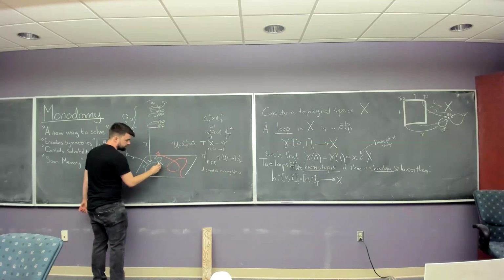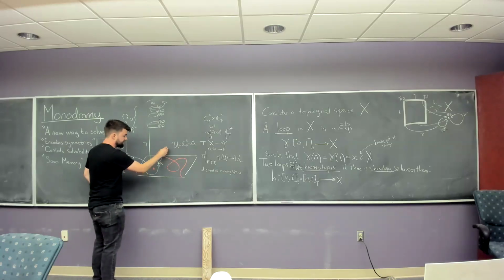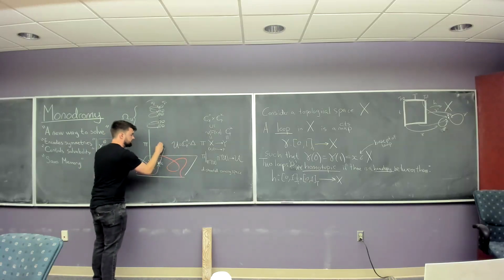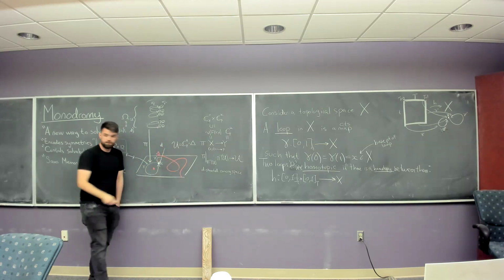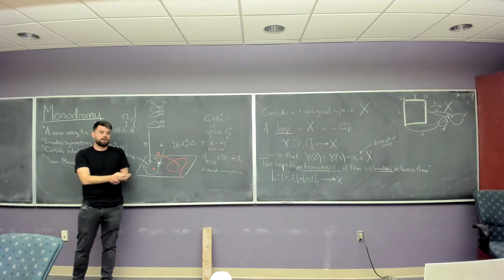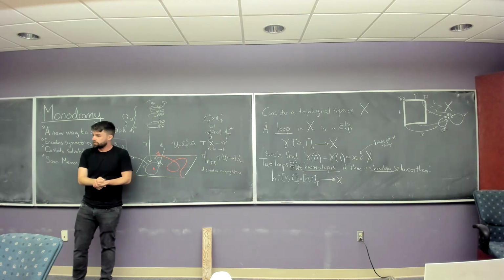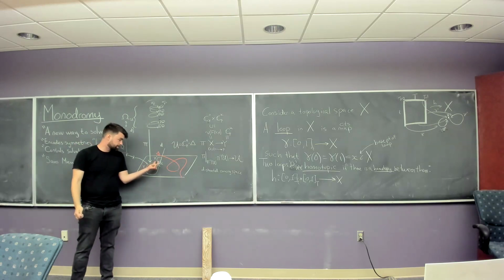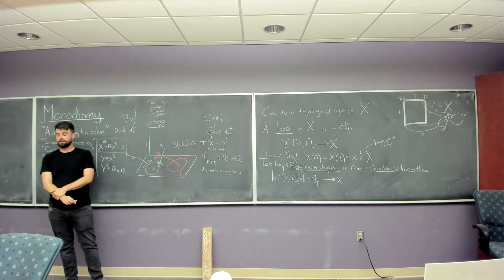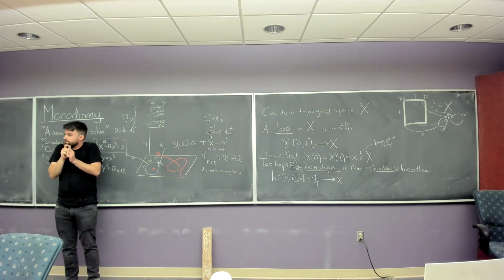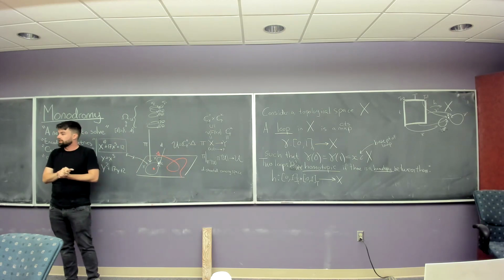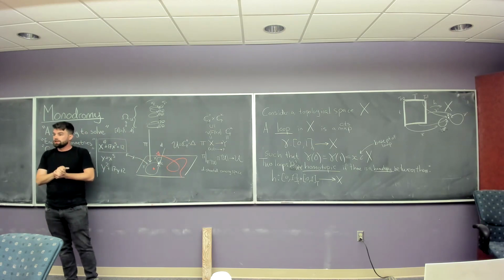On the other hand, I can consider the identity loop, which just sends every value between 0 and 1 to the same base point. And that is homotopic to gamma prime here, because I can just shrink gamma prime up, keeping it as a loop and keeping everything continuous, like pulling a thread.